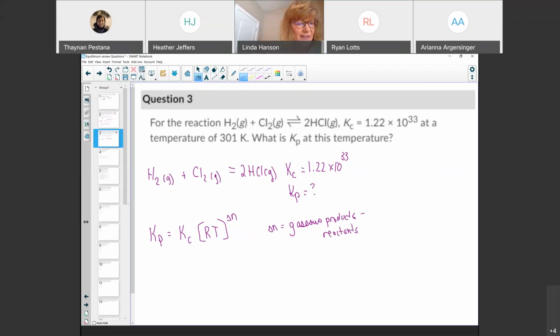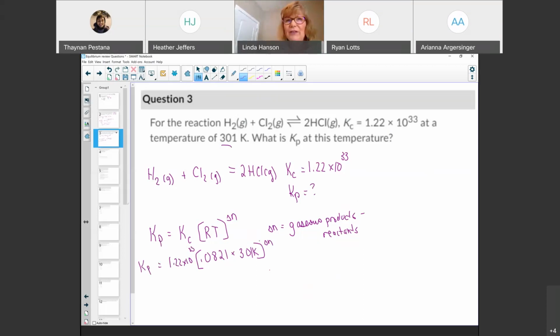There's the ideal gas constant, and since typically our pressures are given to us in atmospheres, we'll use 0.0821. We were given a Kelvin temperature of 301 Kelvin. And the Kc again was 1.22 times 10 to the 33rd power. We're asked to solve for Kp.